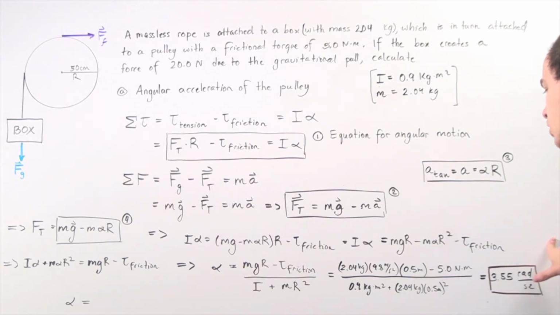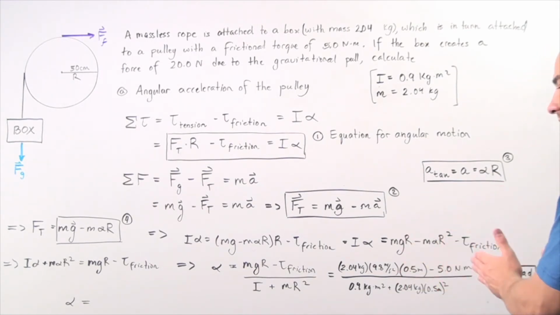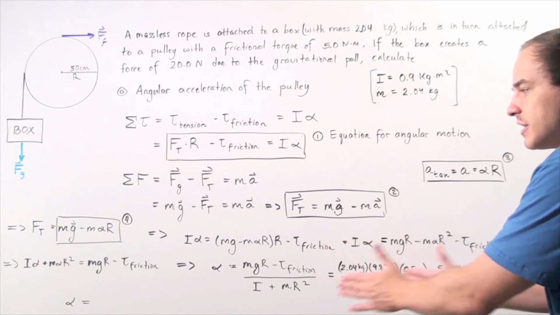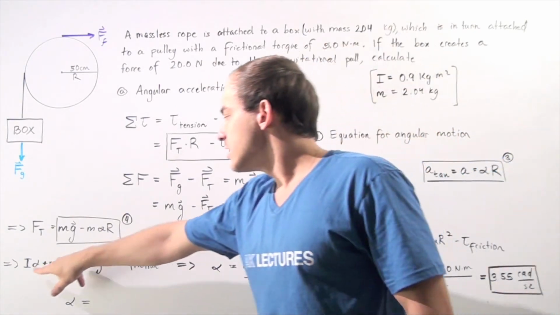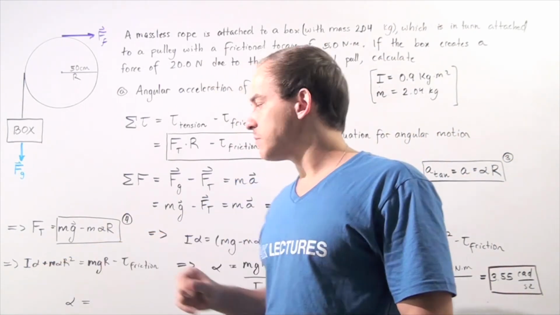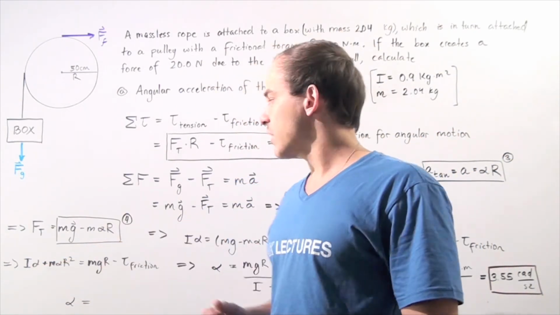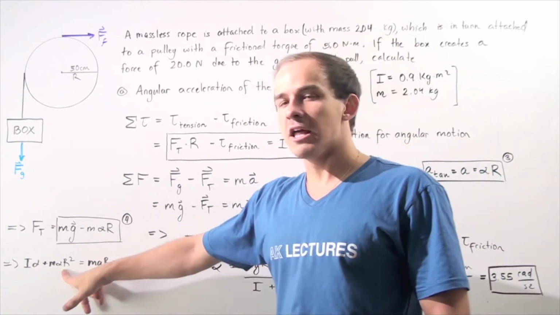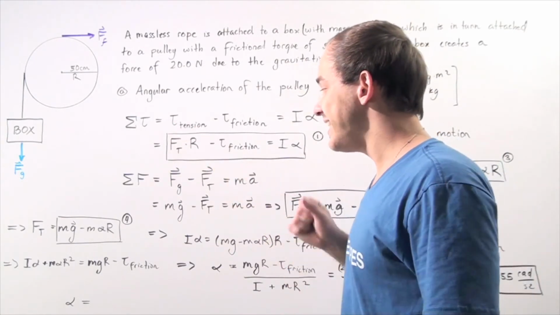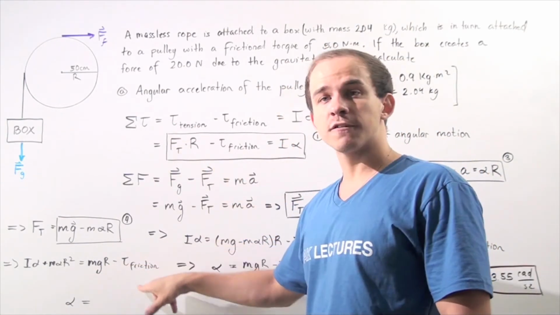So now we bring all the alphas, all the angular acceleration, to the left and everything else to the right. So we get the following result. We have the moment of inertia multiplied by alpha, our angular acceleration, plus our mass times alpha times our lever arm squared, our radius squared, equals mgr minus torque friction.